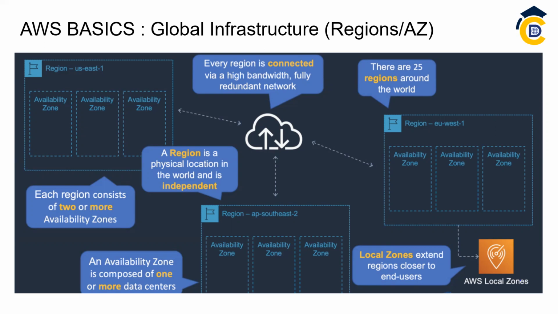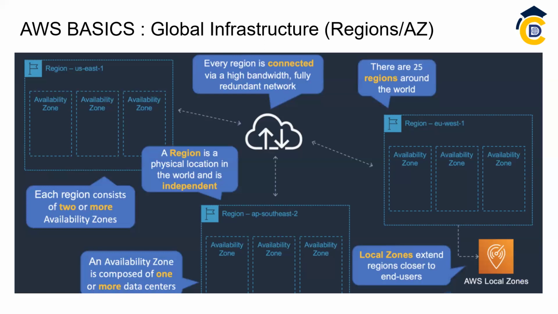For that, the very basic point of any cloud is to understand what is called the global infrastructure. You know what infrastructure is? Infrastructure is nothing but your computers, your storage devices, your routers, your network devices, and all that. So how are they spread across the globe? Because if I'm sitting in India, I should get that infrastructure available to me. If I'm in the US, I should also get that infrastructure available to me.